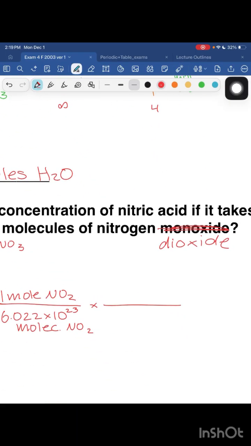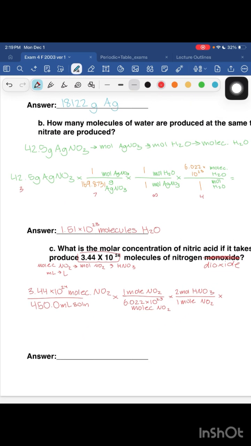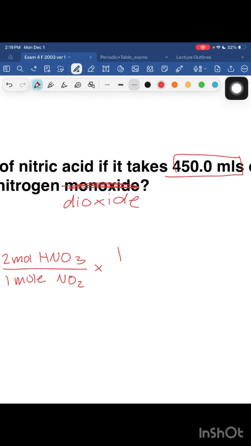So when we do this, it's going to be 1 mole NO2 to 2 mole HNO3. And now we're going to do the bottom. So for every 1 milliliter, there's 10 to the negative 3 liters.